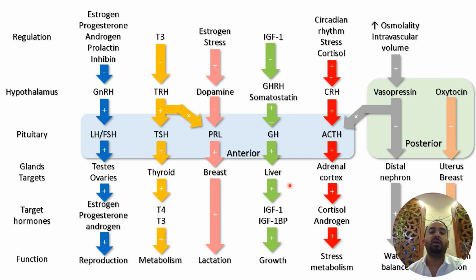That's why we find a high TSH in a patient with primary hypothyroidism, a high ACTH level in a patient with Addison disease, and high LH and FSH levels in patients with primary ovarian insufficiency or Klinefelter syndrome. But if the failure is due to pituitary disease, you will have low or normal pituitary hormones with low target organ hormones.